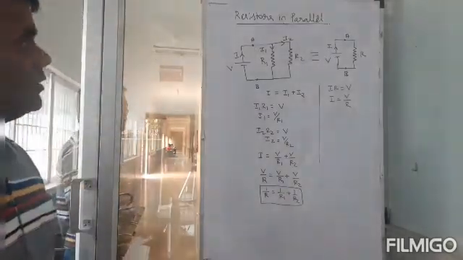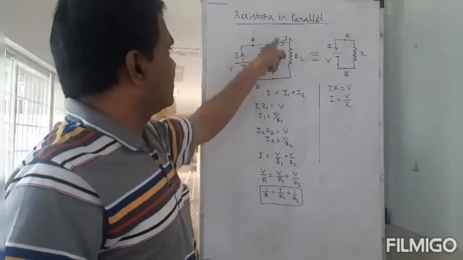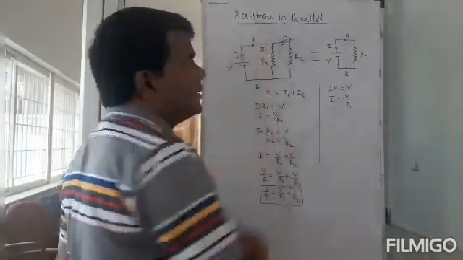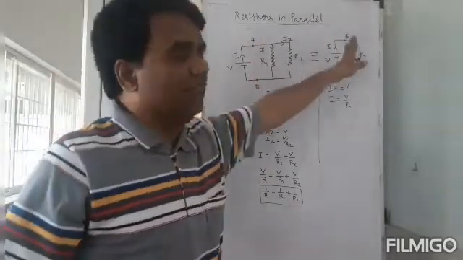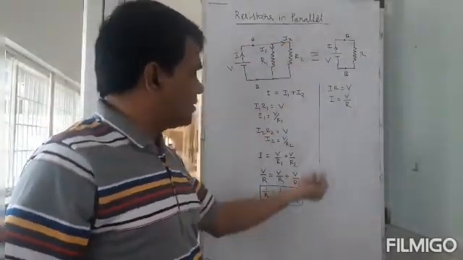Okay. So even if I have one more, then I will say I is equal to I1 plus I2 plus I3, where I is the amount of current that is coming out of the battery. That should be same here. So in that case it will be 1 by R1 plus 1 by R2 plus 1 by R3.